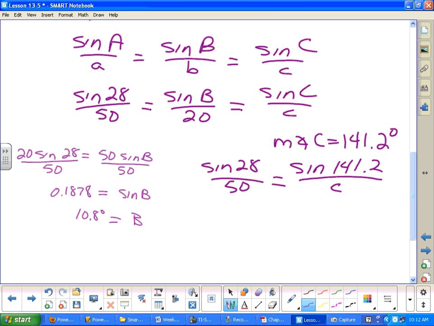I can put my complete part with the A's, and now I know angle C, so I can do cross multiplying to find the other side.